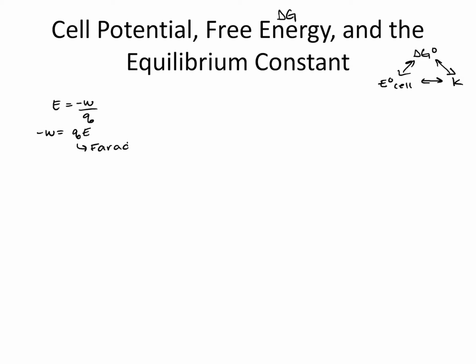And I can quantify this Q to something called Faraday's constant, which then gives me that work is equal to, if I move the negative over, negative QE, and then I quantify my Q to be my number of moles times my Faraday's constant, which is 96485 coulombs per mole electrons.